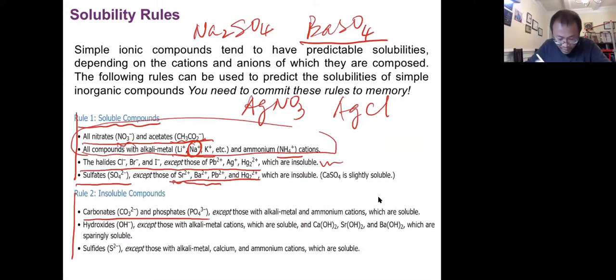The exception will be if they have alkali metals or ammonium. What are alkali metals? Lithium, sodium, potassium. Or ammonium, NH4. If that's the case, they're soluble. Why? Because we know lithium, sodium, potassium, and ammonium are soluble in rule number 1. Of course, there are exceptions. Does it make sense, guys?